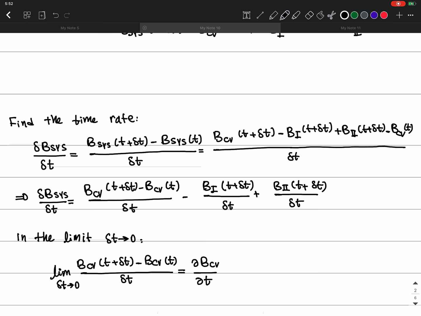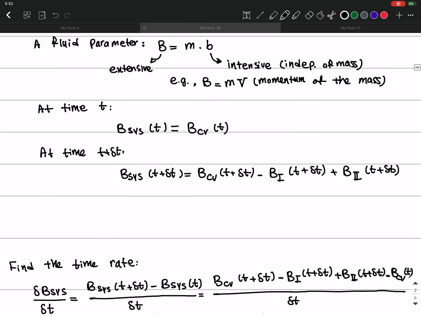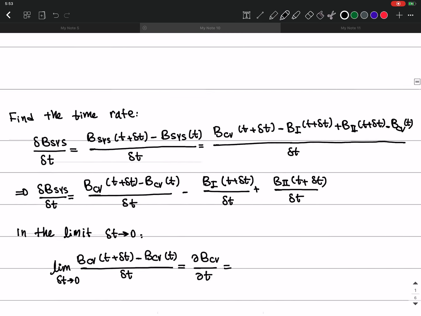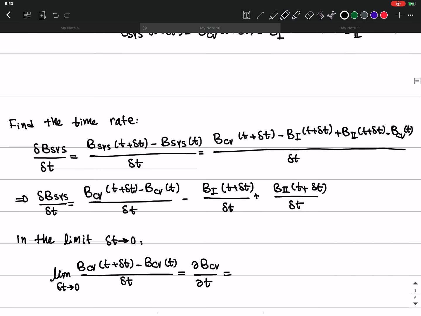So this is just a derivative of B_CV. And what is B_CV? It is what we defined as m times b, right? This is the definition we made here. So instead of B, I'm going to put bm. So this is the derivative of bm with respect to t.